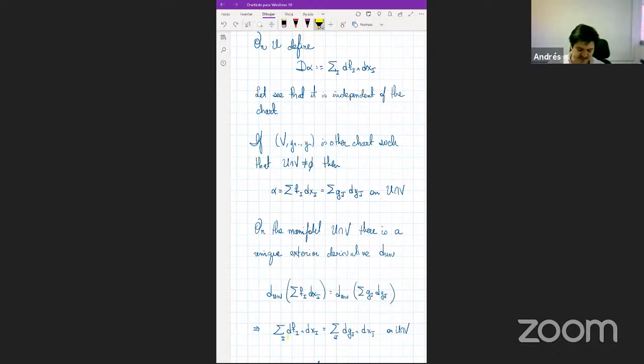Again, this is precisely the differential on the F and on the functions, right?